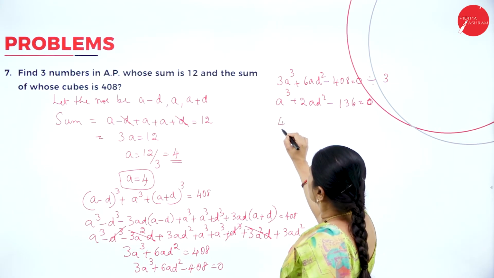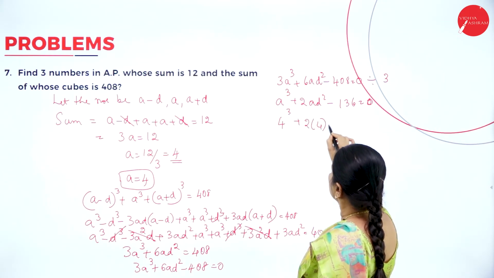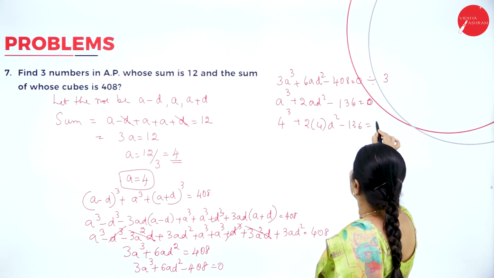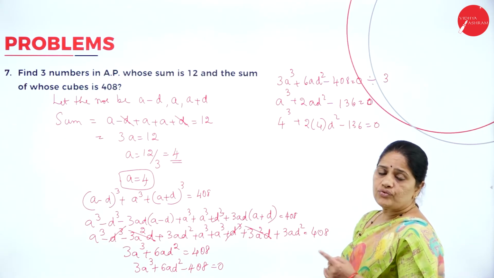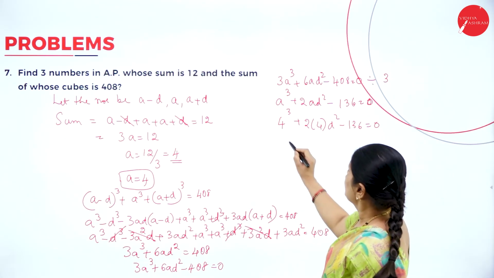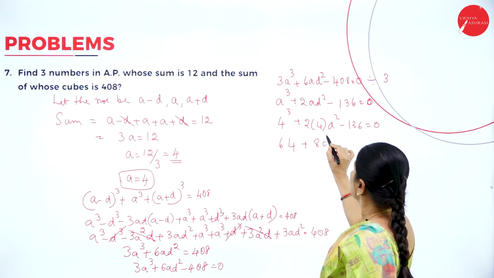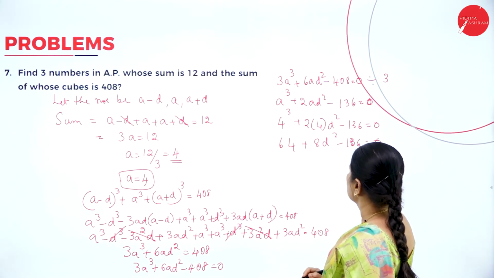So I'll write 4 cube plus 2 into 4 into d square minus 136 equals 0. So 4 fours are 16, 16 fours are 64, plus 8d square minus 136 equals 0.